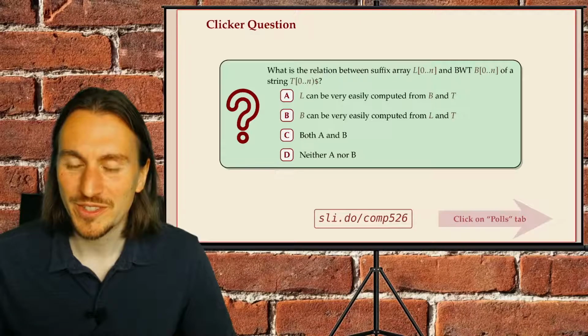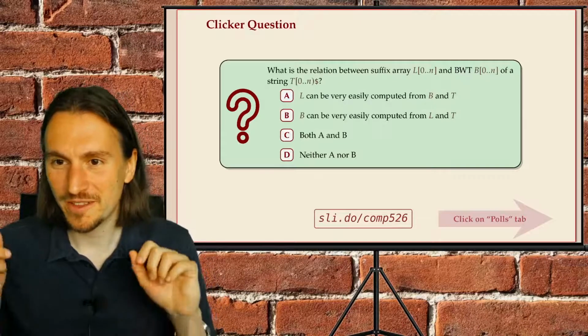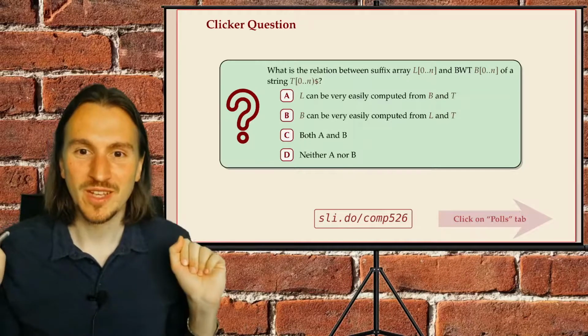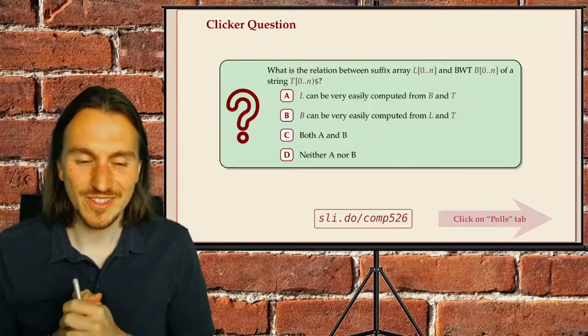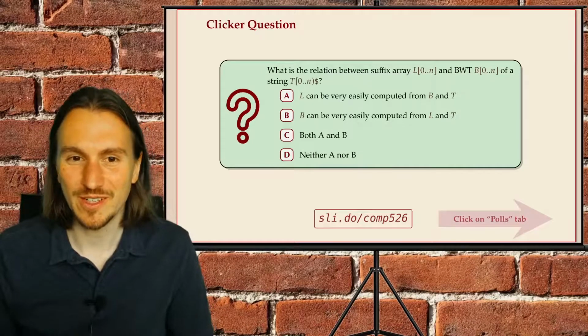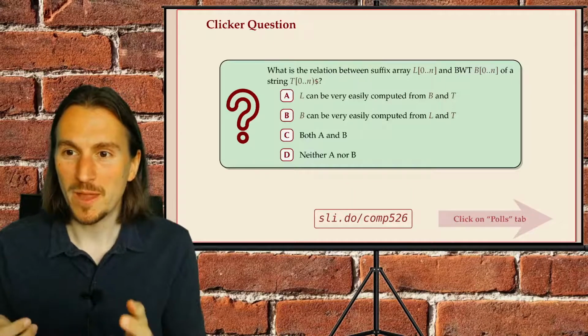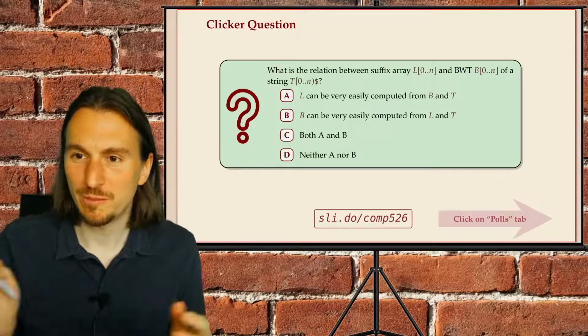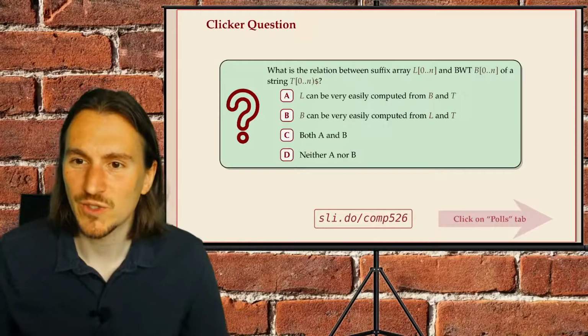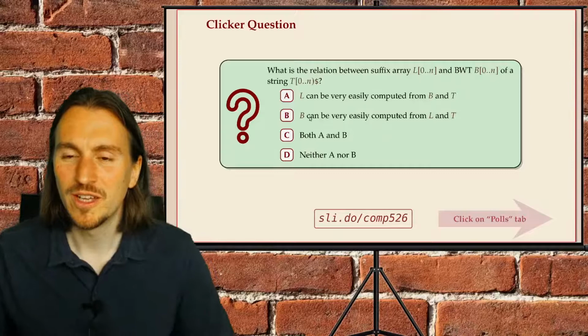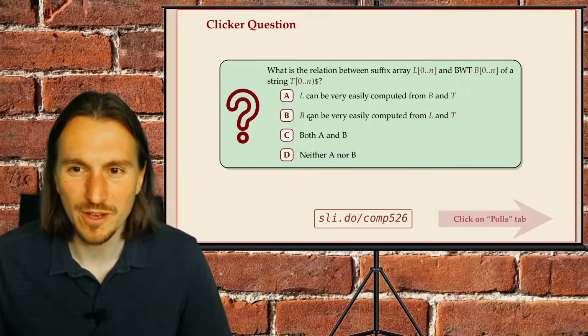So the concrete question is, we had the suffix array L, the sorted suffixes of a text: take all the suffixes of a text and sort them. That's L, and we have the text, and we have the BWT and the text. And so the question is, if you have either combination of L or B and the text, is it easy for you to determine what the other is?